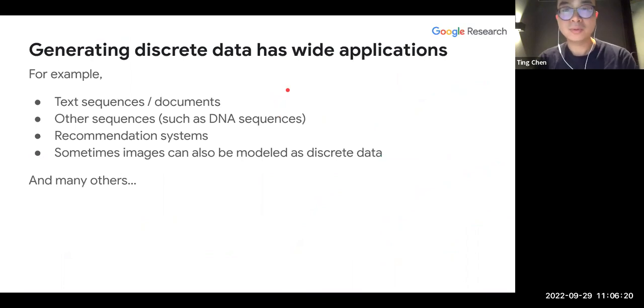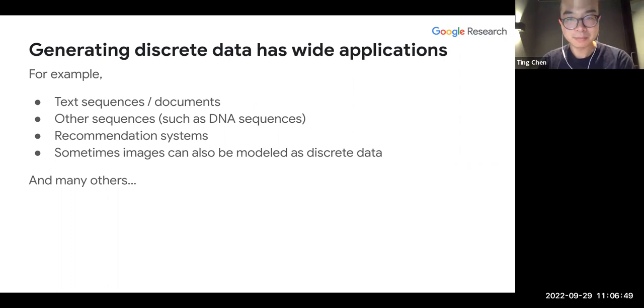Okay, so why do you care about generating discrete data? Because this particular problem has a wide application. For example, when you're modeling text sequences or documents, or generating them. And modeling other kinds of sequences such as DNA sequences, or other discrete data in recommendation systems.